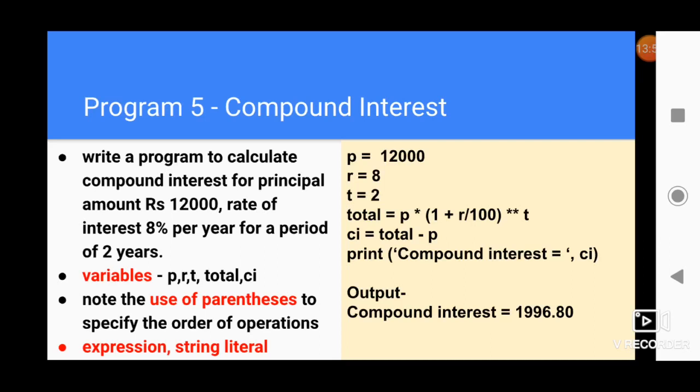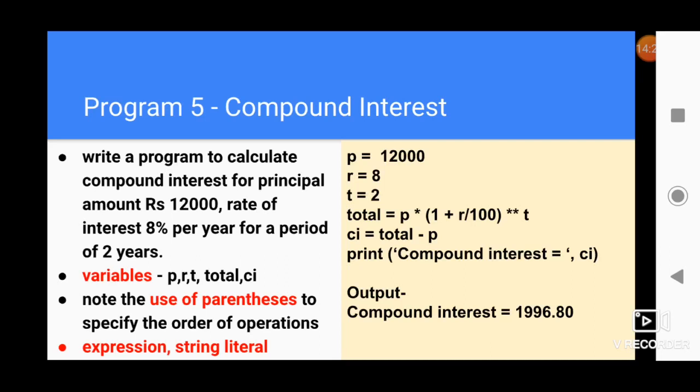Now, we want to calculate the compound interest only, not the total amount refundable. So we create yet another variable by name ci. Ci represents compound interest, and the value we put in this variable is total minus p. P is for principal amount. So total amount minus principal amount gives the compound interest, and in the final line of the program we present the output of this program, which is the value of the compound interest in variable ci, to the user using the print statement.